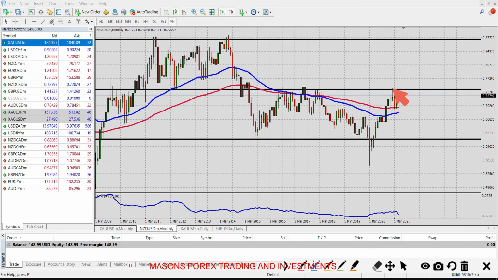Okay, so recently we had a candle which gave us a rejection bar, very similar to our notes. Then we had an engulfing bar.